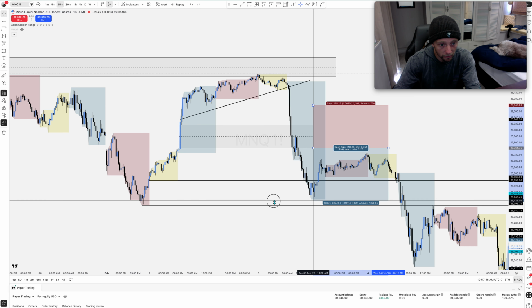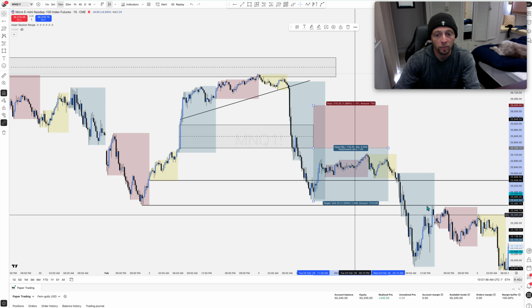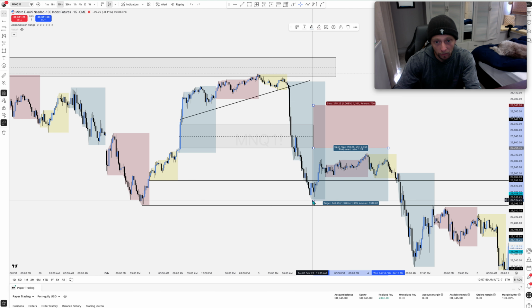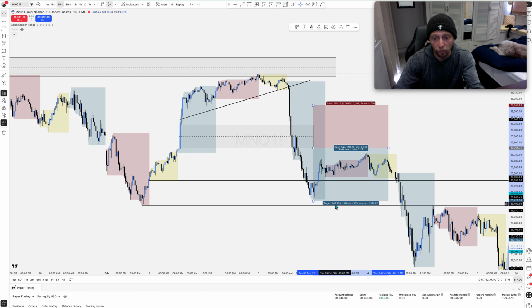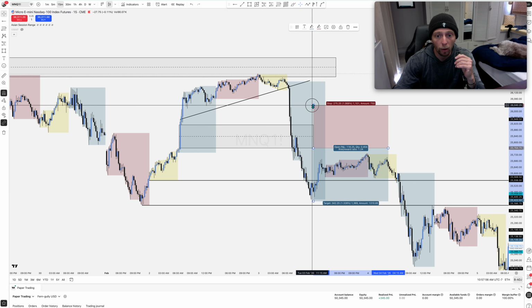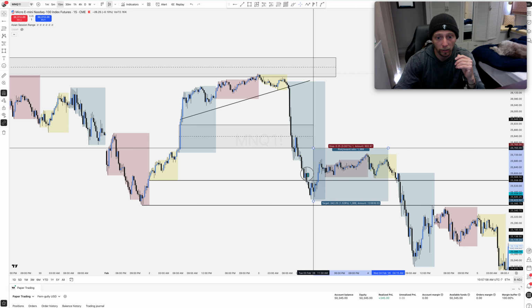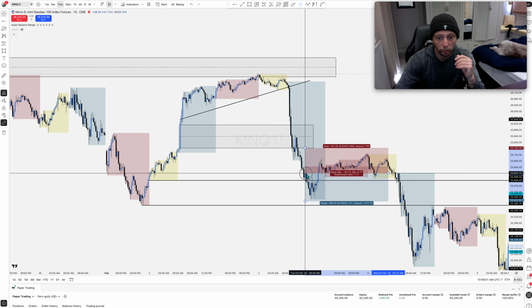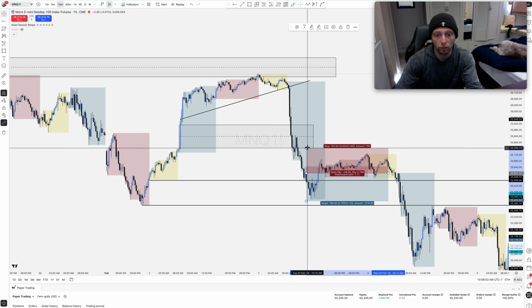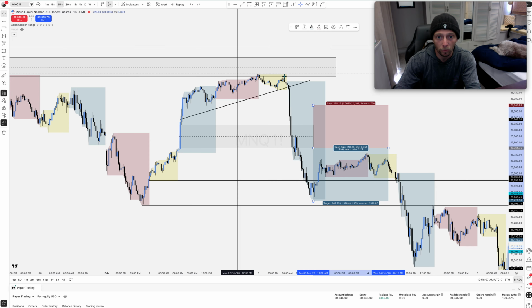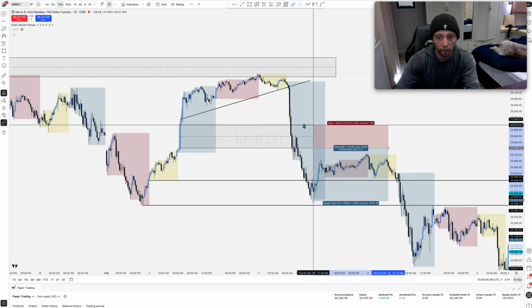So it's going to be like this right there. And we can see I didn't get hit, but when I'm already up 342 points, I'm going to be at break even, or I would have trailed my stop to like right here. I don't know why it's not showing, but I would have trailed my stop to like right here. So that's how I would have taken that trade. This stop would have been right here.